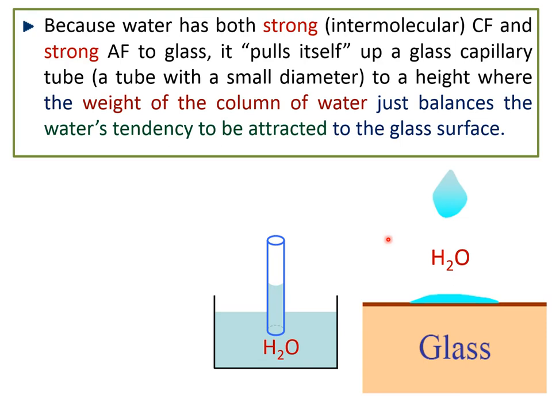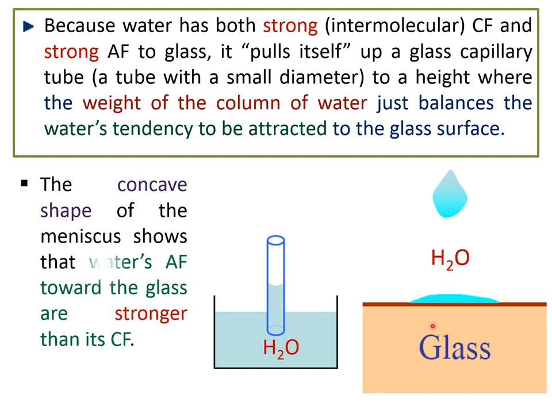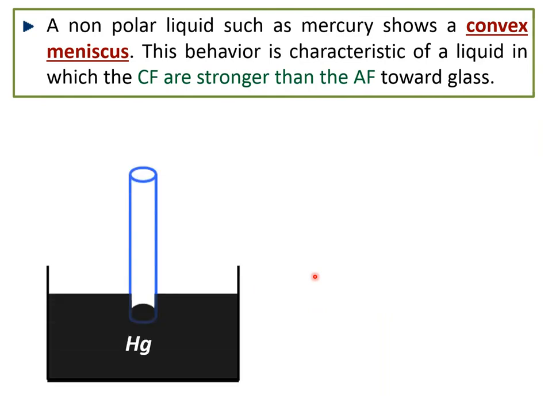Okay, but basically on the glass like this, it will wet the glass, because water has both strong cohesive forces and adhesive forces, but the adhesive forces are stronger than the cohesive forces. So you can observe this structure for water drops on the glass. Okay, the concave shape of the meniscus shows that the water adhesive forces towards the glass are stronger than its cohesive force. This is the opposite case for mercury.